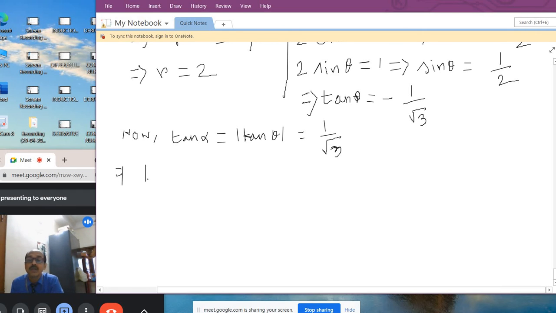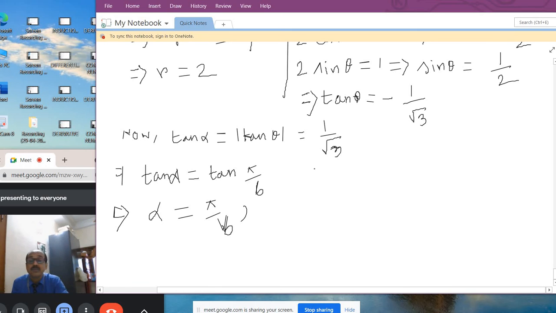So tan alpha equal to tan pi by 6, so alpha equal to pi by 6.